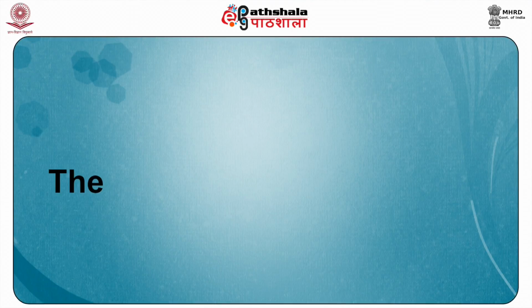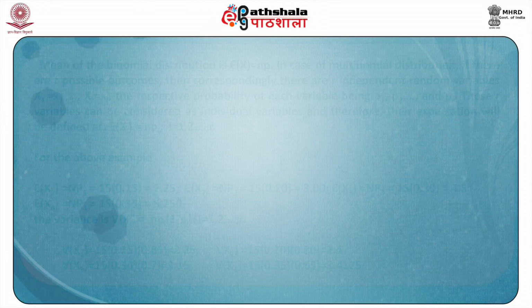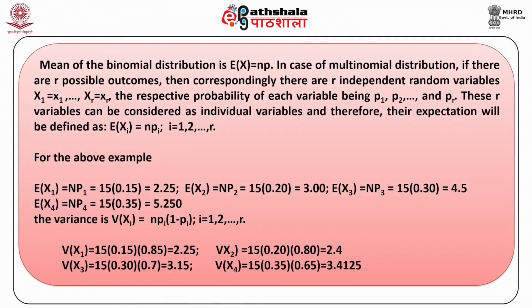The question which arises now is, what is the mean and variance of the multinomial distribution? We know that the mean of the binomial distribution, denoted as expected value of X, is equal to np. In case of multinomial distribution, if there are r possible outcomes, then correspondingly there are r random variables, X1 equal to small x1 up to Xr equal to small xr.